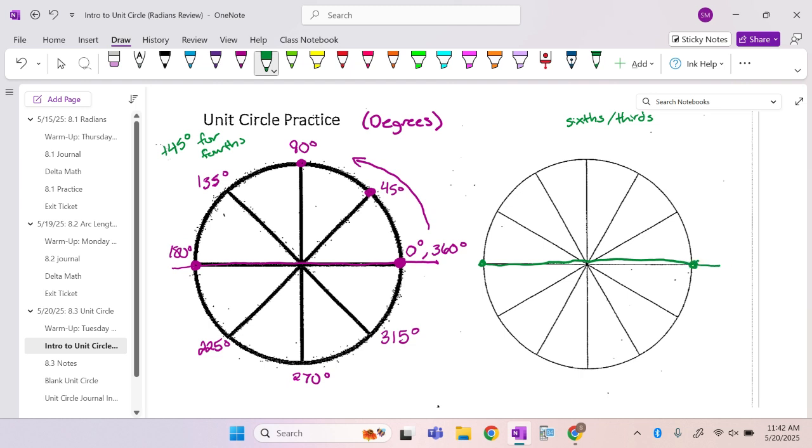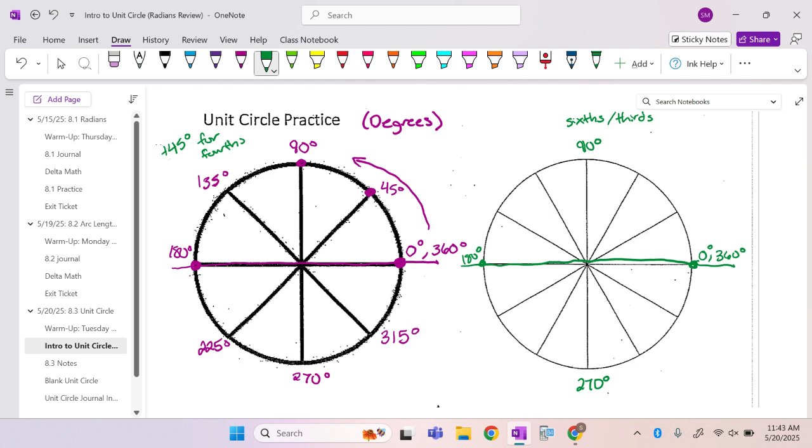We start at 0, and this will also be 360 degrees. Over here is still going to be 180. 90 is still going to be up here. 270 is still going to be down here. Those four are constant. All right, so the four cardinal directions.